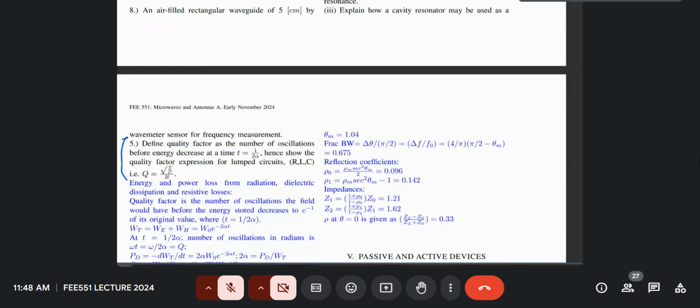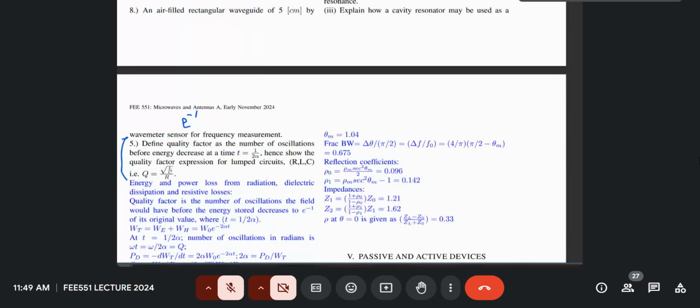So how do you sketch this wave? We are saying that with time, the amplitude of the oscillations of this wave reduces to e raised to -1. So at that point, we get that ratio and call the number of oscillations that happen until that point is reached the quality factor.